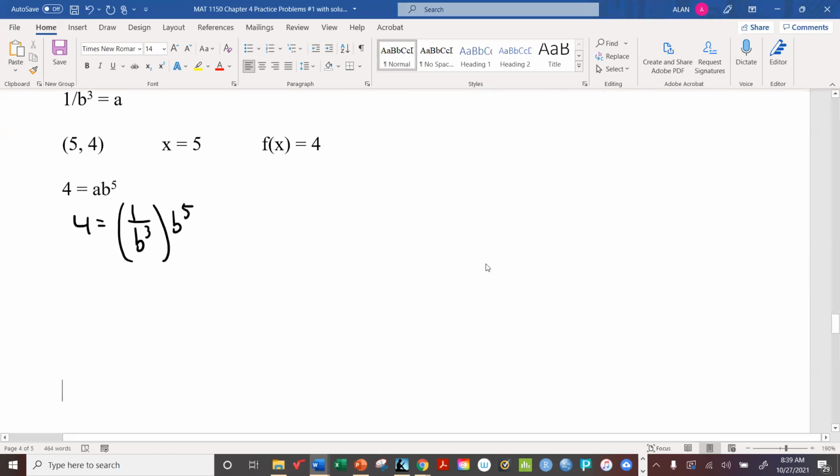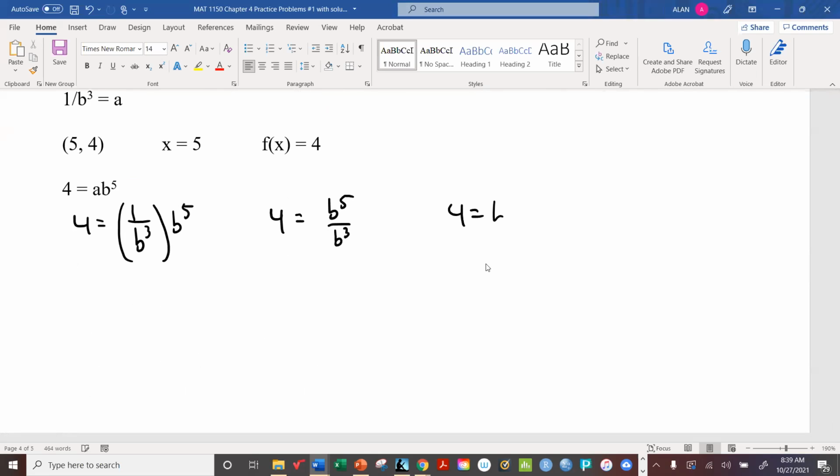I'll show you why, because this is the same thing as saying that 4 equals b to the 5th over b cubed. 4 equals b squared. Two is b.